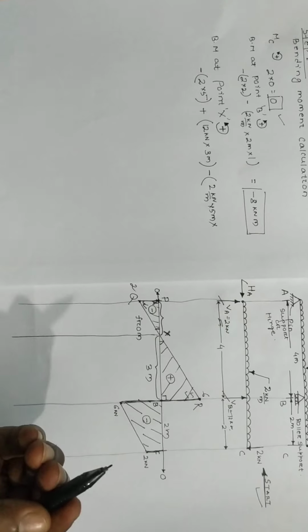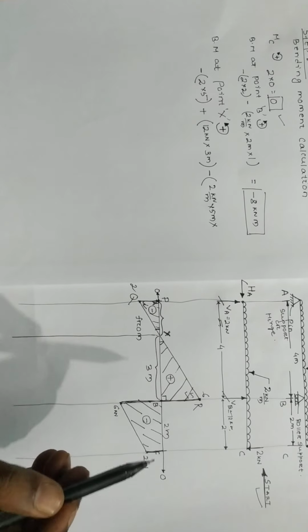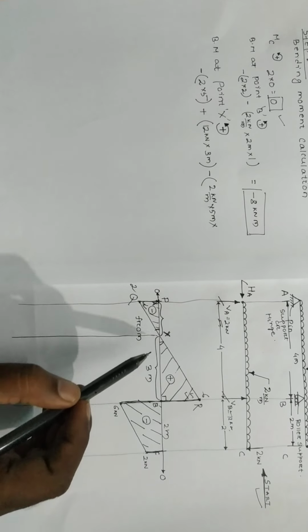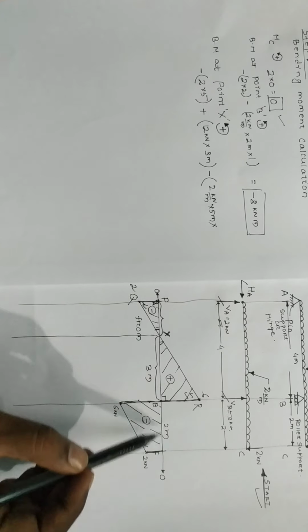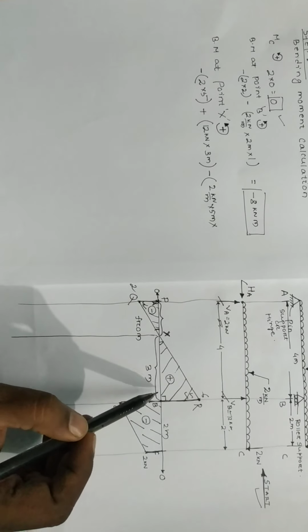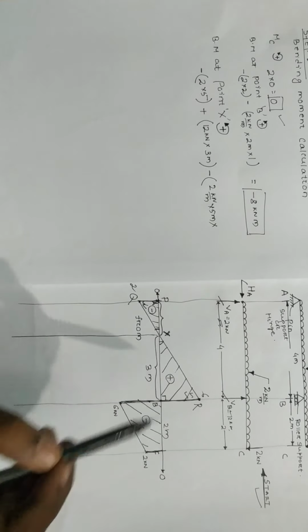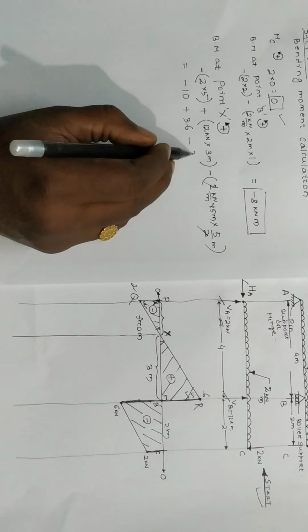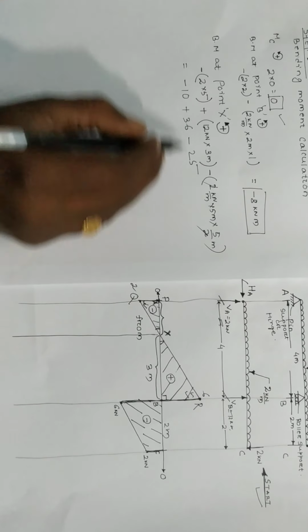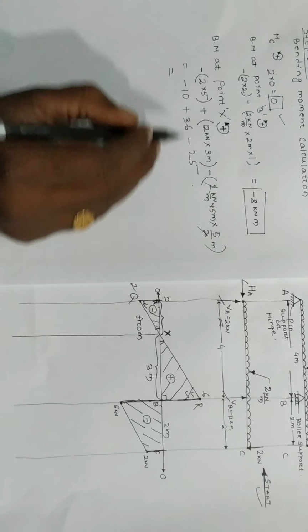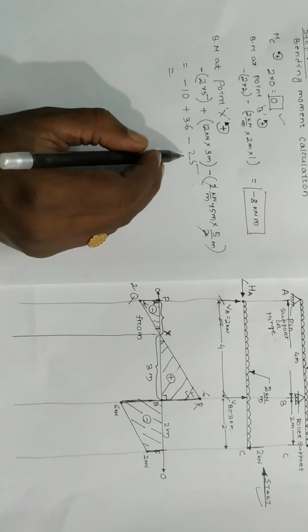Where will it be acting? We will assume the UDL is acting at the geometrical center of the 5 meter, so this will be 5 by 2 meter. This 2 cancels out. How much is it coming? Minus 10 plus 36 minus 25. So how much is it coming? It is minus 35 plus 36.